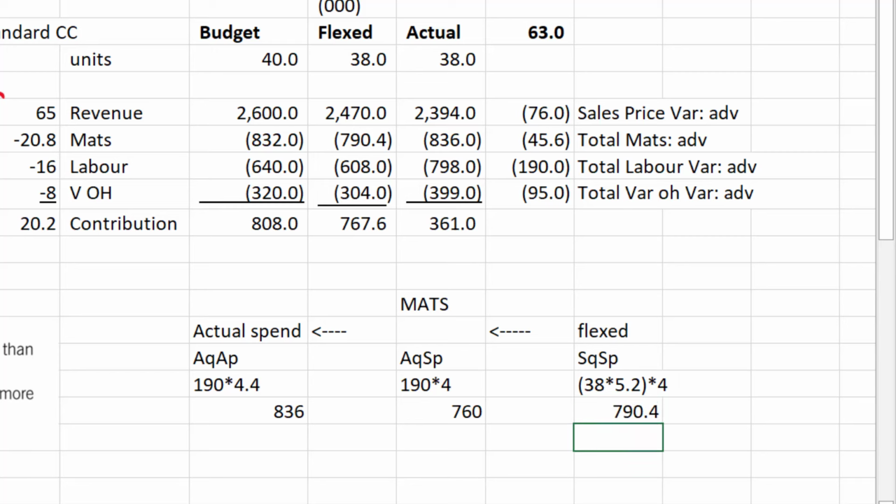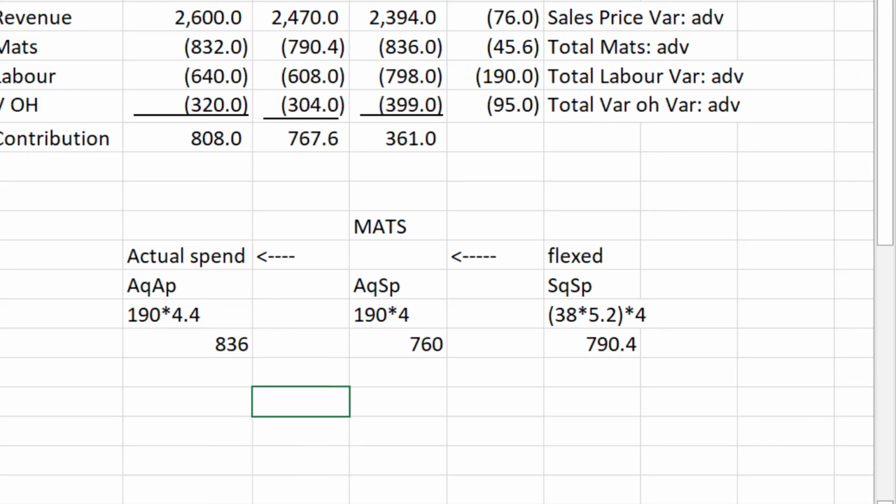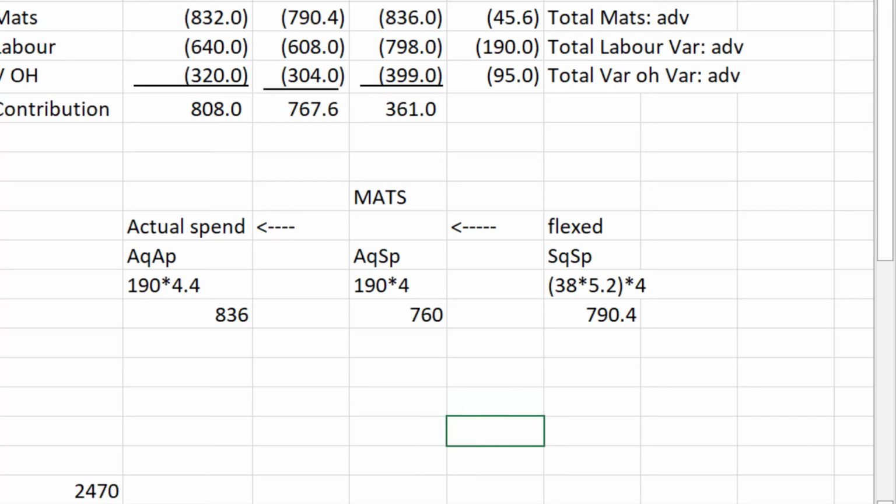And as you see, the flexed is there, the SS is the flex, the AA is the actual. Now look at the beauty of this. I can look at my variables and I can see between AS and SS, it's the quantity that changes. Quantity is about usage. And all I have to do is compare this one to this one, the SS to the AS.